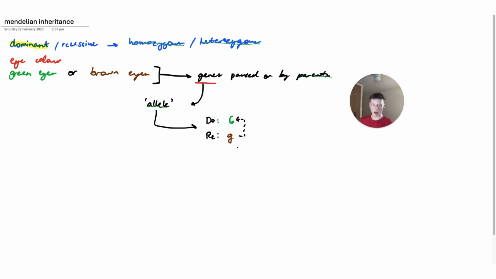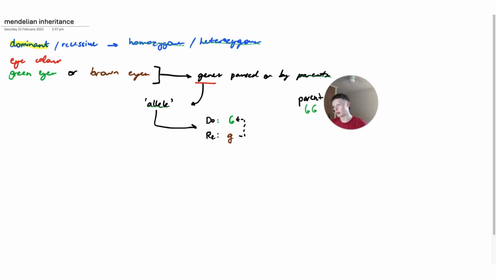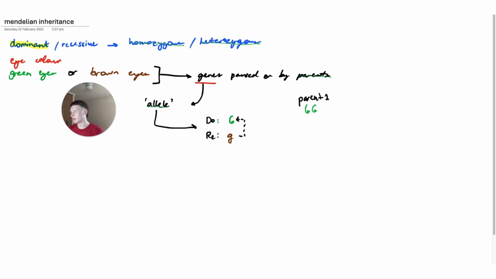In a nutshell, why do dominance and recessiveness matter? Well, say this is parent one. If parent one has two of these dominant green eye alleles, it follows that they're going to have green eyes.